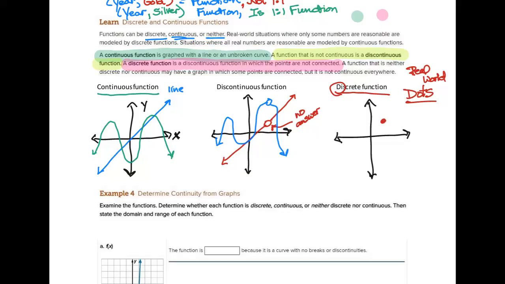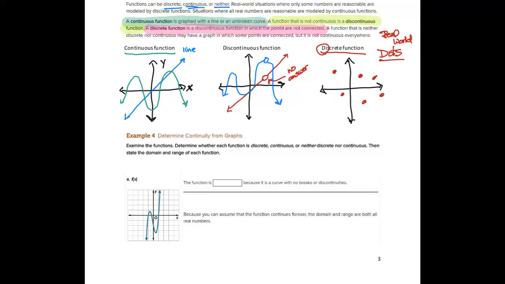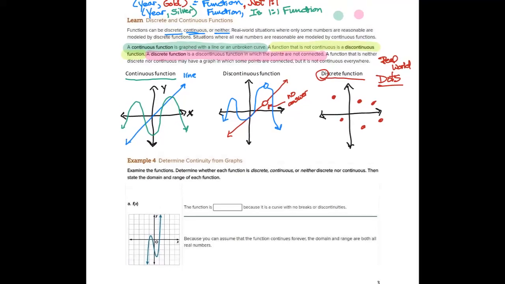They actually are just dots, because in the real world, you're often looking for specific answers. So continuous, no break in the line. Discontinuous, there is a break, there is a hole, and discrete, dots.